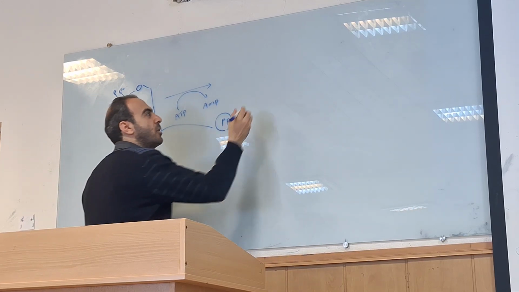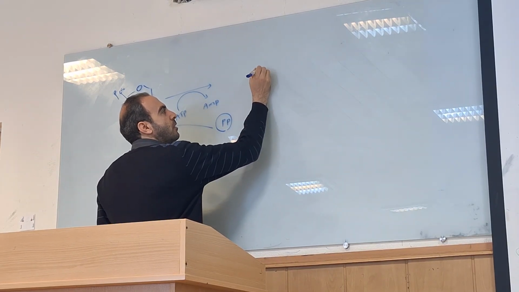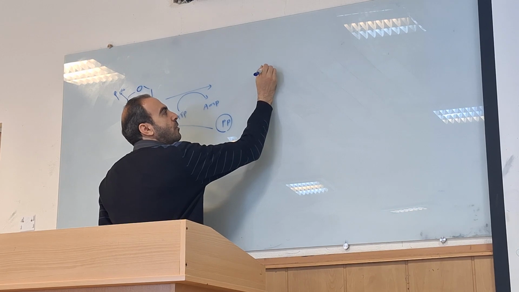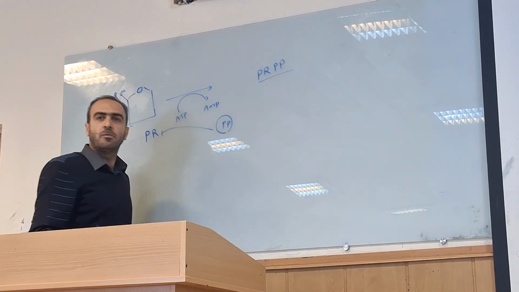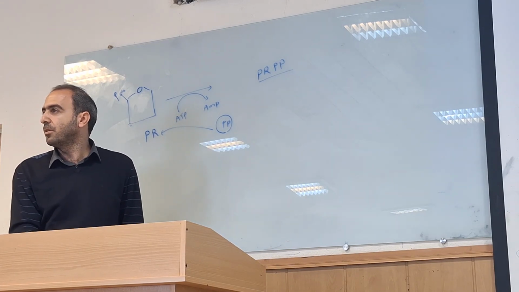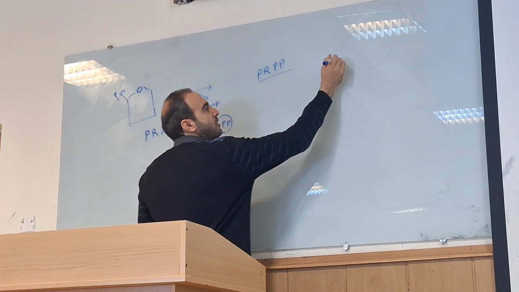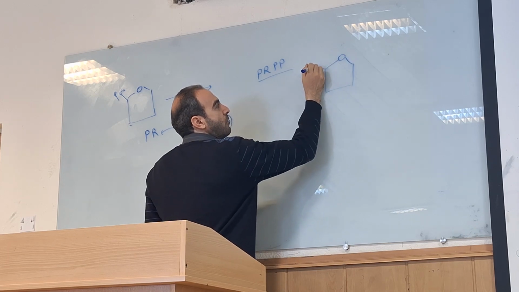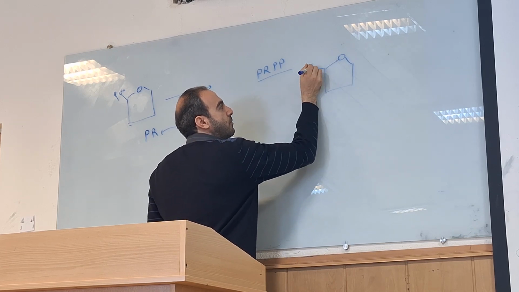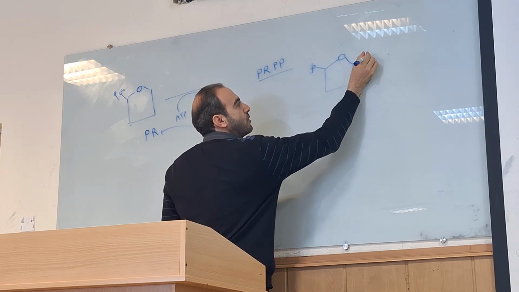What is produced for us? Phosphoribosyl pyrophosphate. PRPP. Phosphoriboside pyrophosphate, PRPP. Or if you look at the structure, it's like that. We have a phosphate here, and we have a 2-phosphate here.